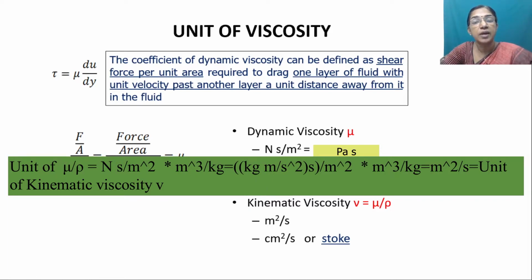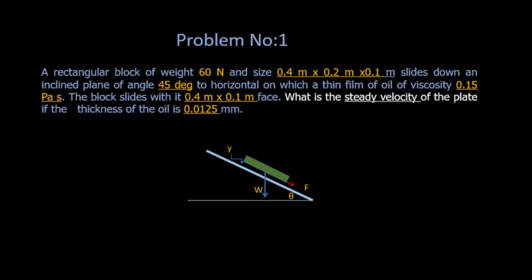Whenever you relate Newton and kilogram, you have to make proper conversions: for 1 kilogram mass, with g acceleration, the resulting force is Newton. The unit of kinematic viscosity is meter square per second, or the smaller unit centimeter square per second, called Stoke.